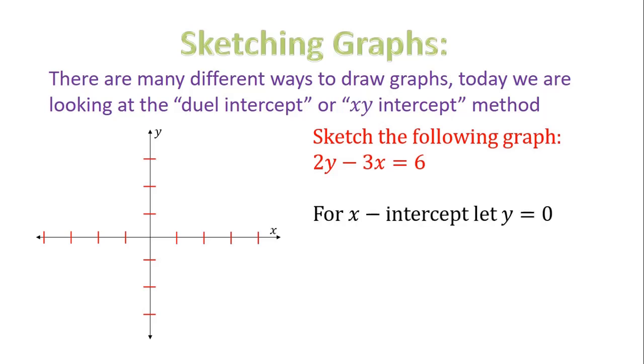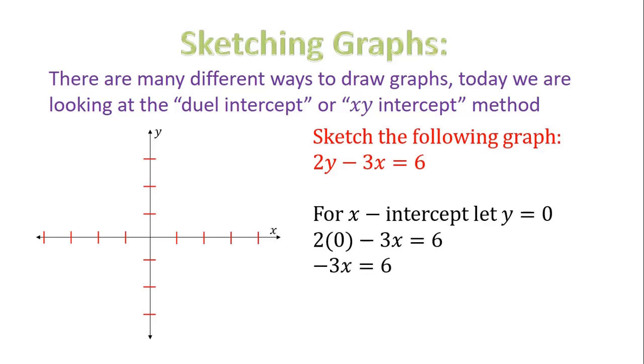So, for x-intercept, let y equal 0. Then in place of y I put a 0. So I have 2 times 0 minus 3x equals 6. Well, 2 times 0 is 0, and so I have minus 3x equals 6.